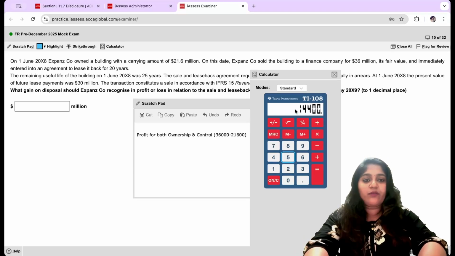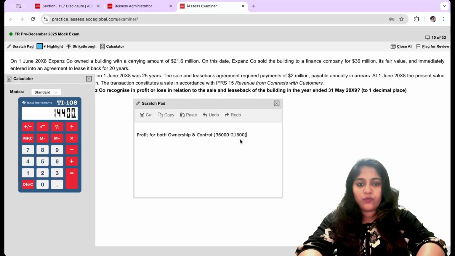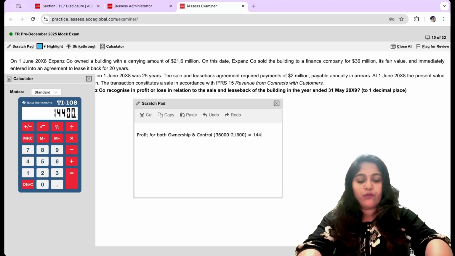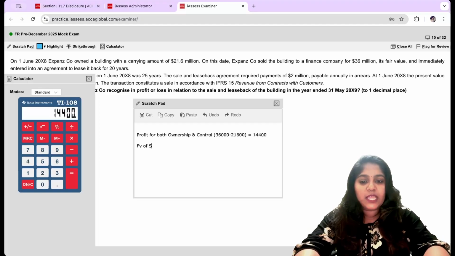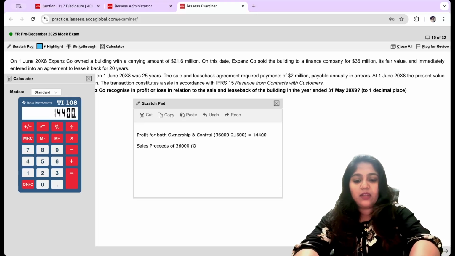So my profit for both is 14,400. Okay. So profit is 14,400. But let's understand what is the fair value of sales proceeds. The sales proceeds of 36 million is given for both ownership and control.